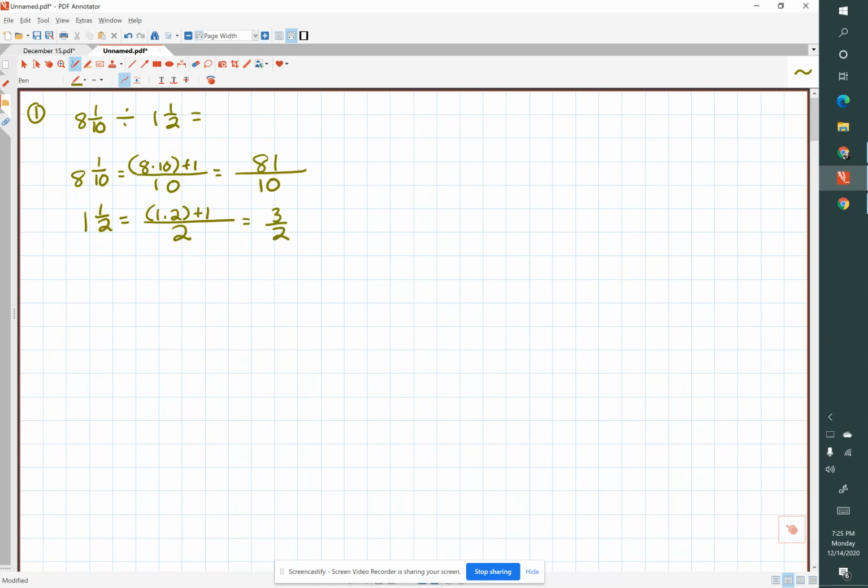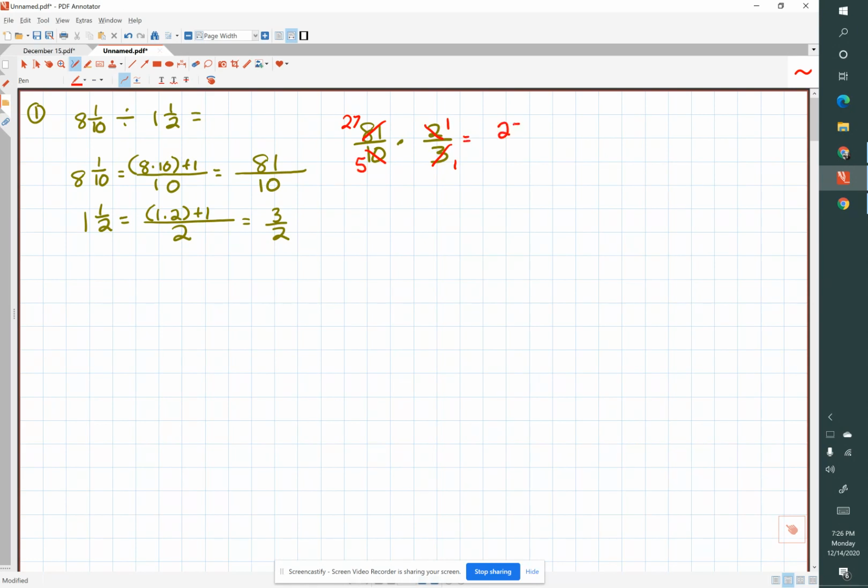So now we'll rewrite as multiplying by the reciprocal. The first fraction stays the same, times 2 over 3. Now we have lots of simplifying we can do. 3 divided by 3 is 1. 81 divided by 3 is 27. 2 divided by 2 is 1. 10 divided by 2 is 5.